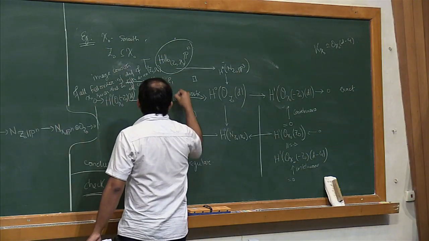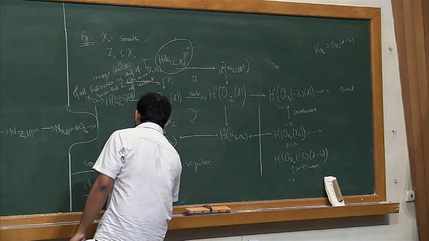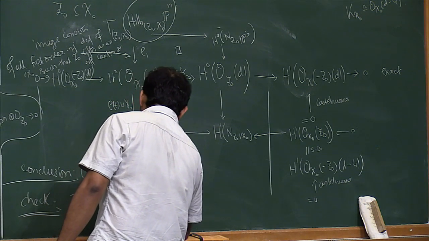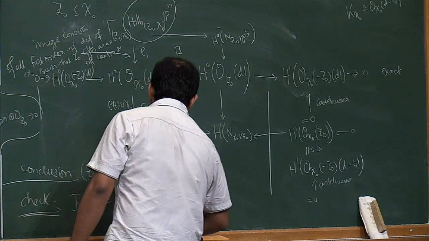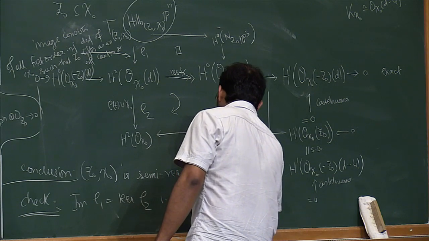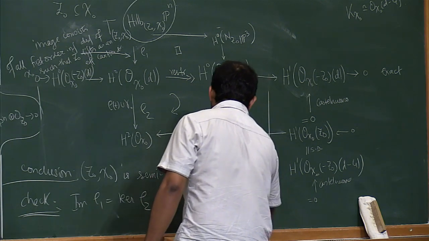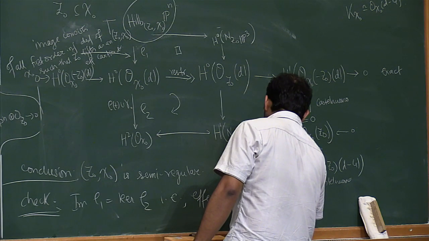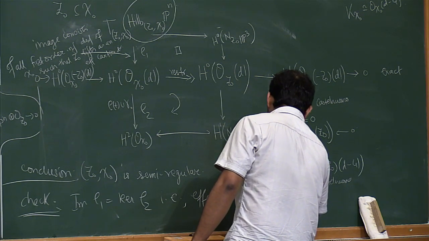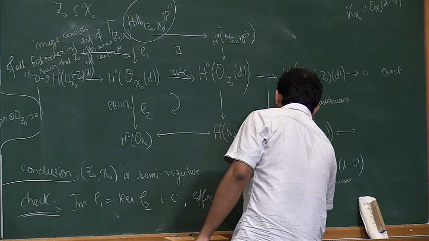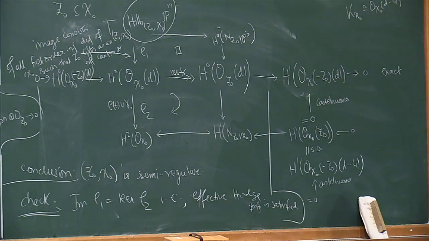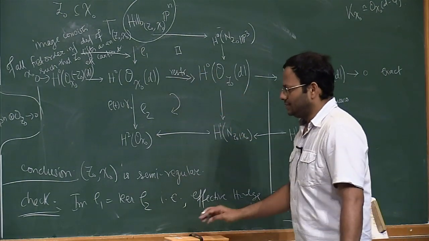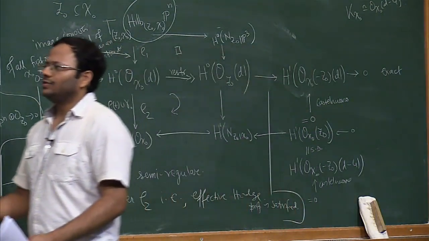Let's call this row 1, row 2, image of row 1, row 2, in other words, that the effective Hodge property is satisfied. Now, for this, you just need to do this diagram.